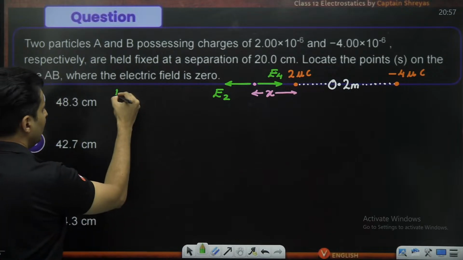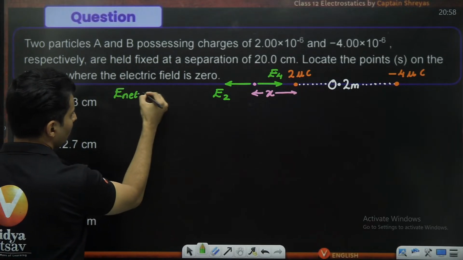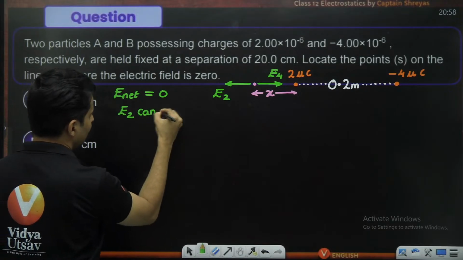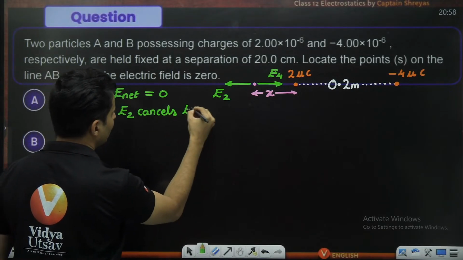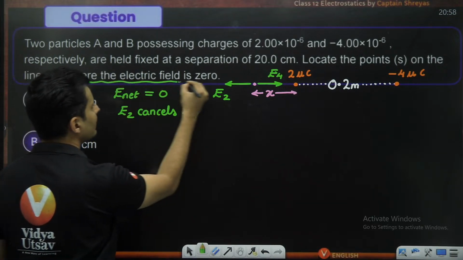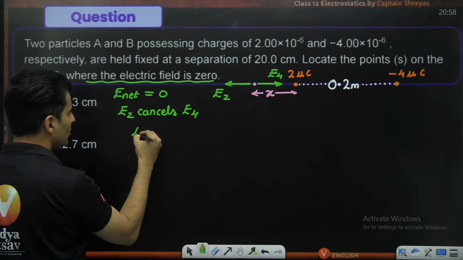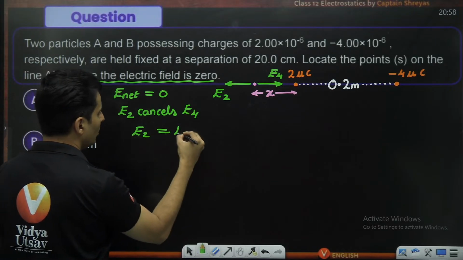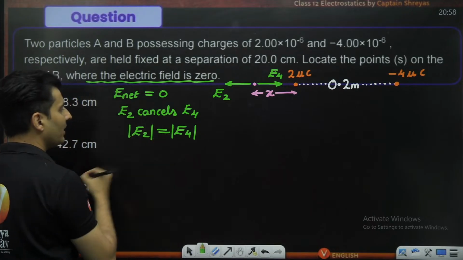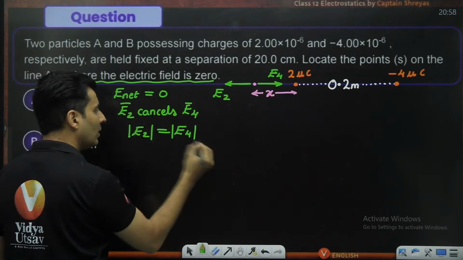So that the net field is 0. E2 cancels by magnitude the value of E4 because the net electric field is 0. That is the question itself. So the magnitude of E2 should be the magnitude of E4. As simple as that.